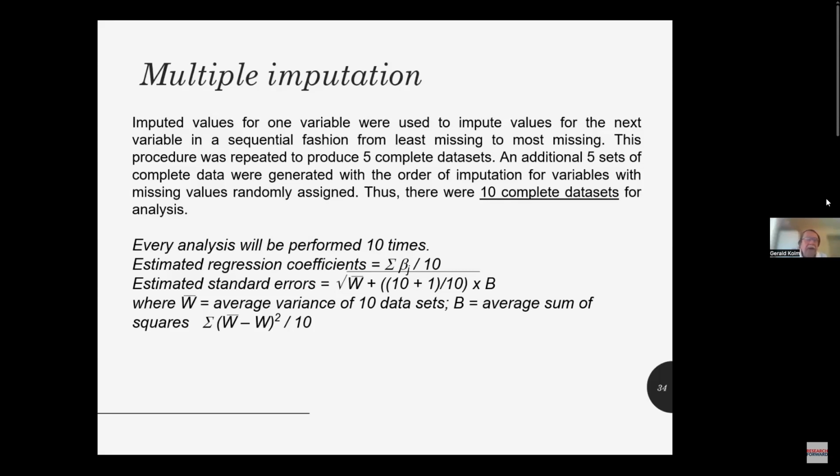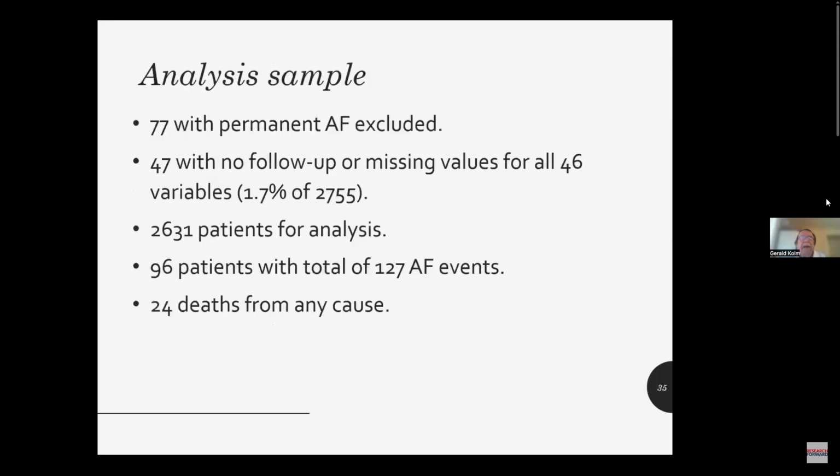But then I've put this in for estimating standard errors to show you that it includes both within variance for each data set and between variance, or variance between the data sets. Okay, so it turns out that for our analysis, there were some patients that were excluded, and there were 77 with permanent AFib, so those were excluded.